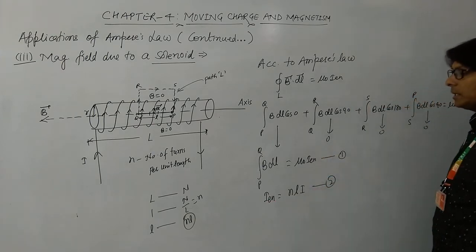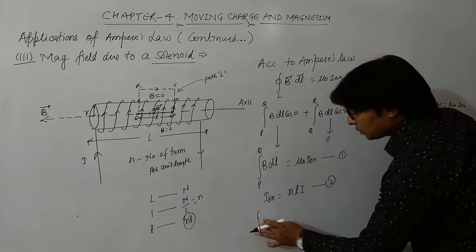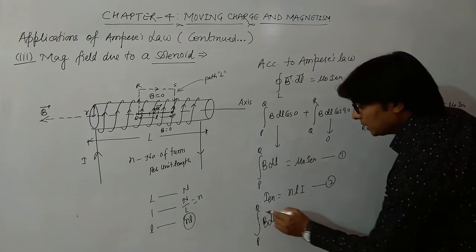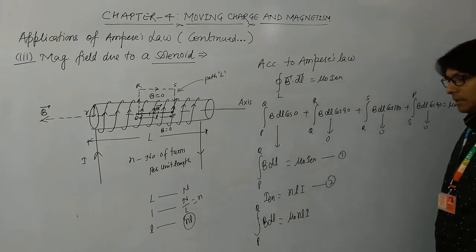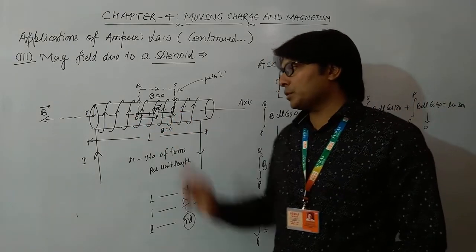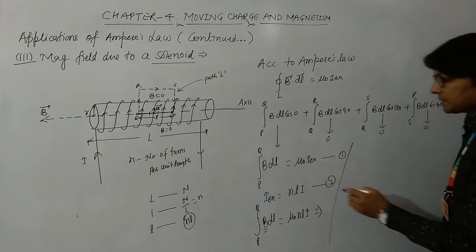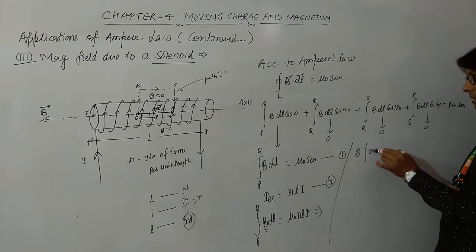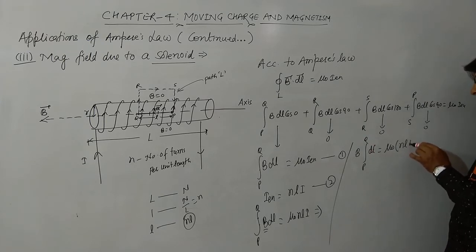Now putting the value of I enclosed here, integration B dl from P to Q is equal to mu 0 nLI. Now this B is constant throughout this entire length P to Q, therefore B can be taken outside the integration, and we can write B integration dl from P to Q is equal to mu 0 nLI.